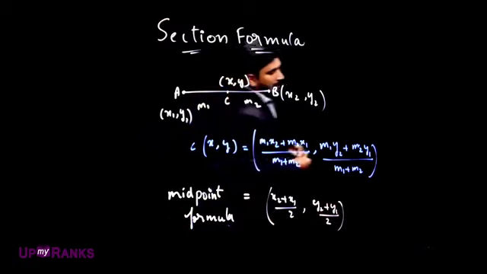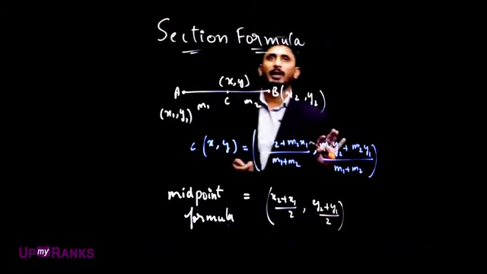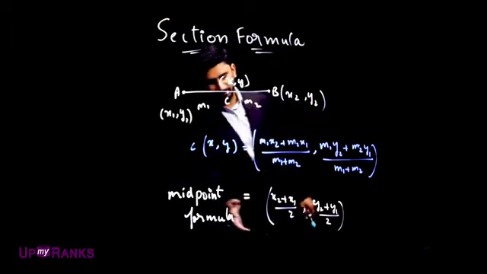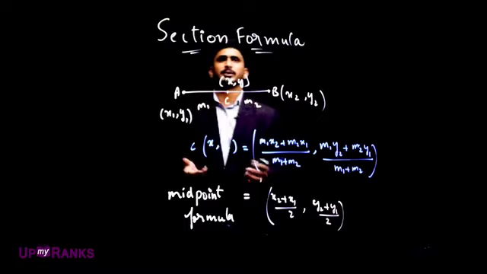So this is the section formula if the ratios are given, and this is the midpoint formula if the coordinates are given. You can directly apply this and find it.